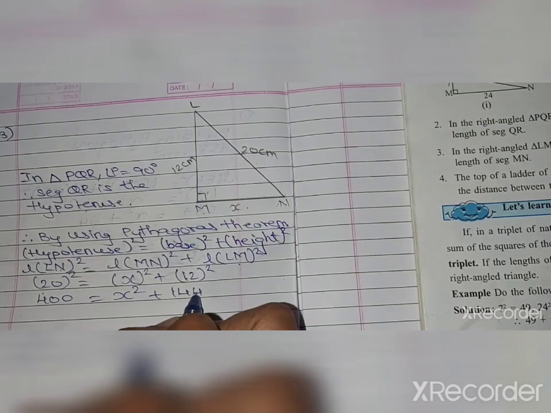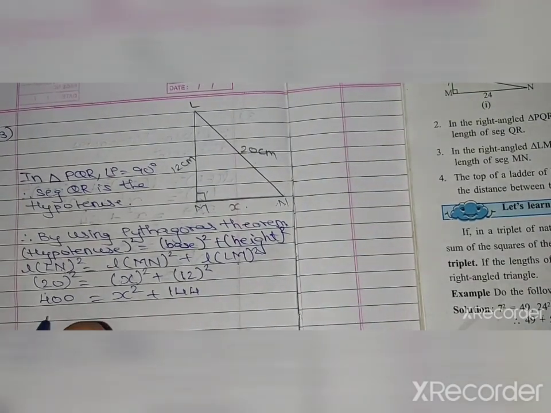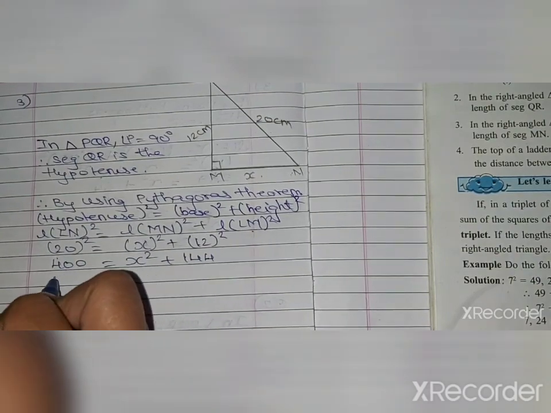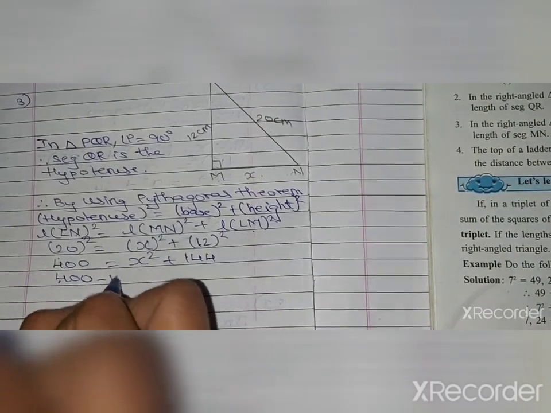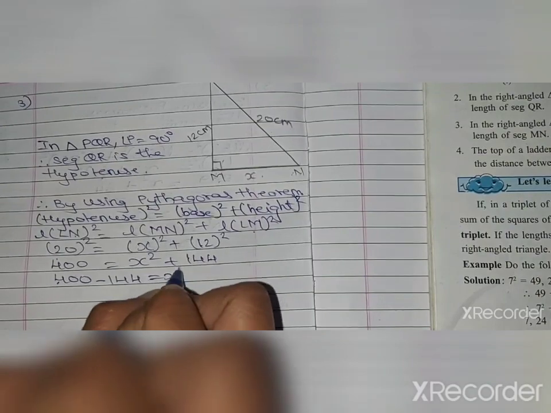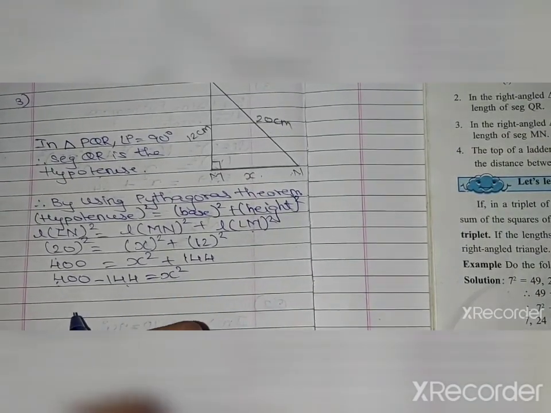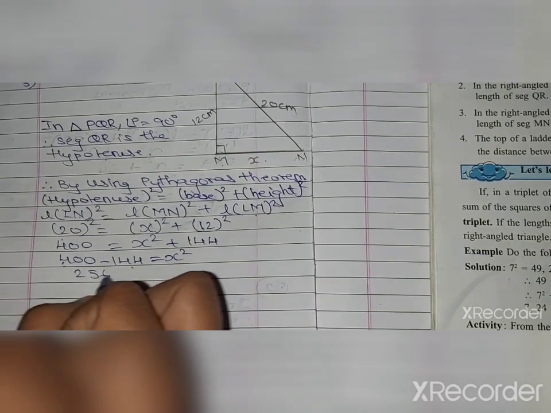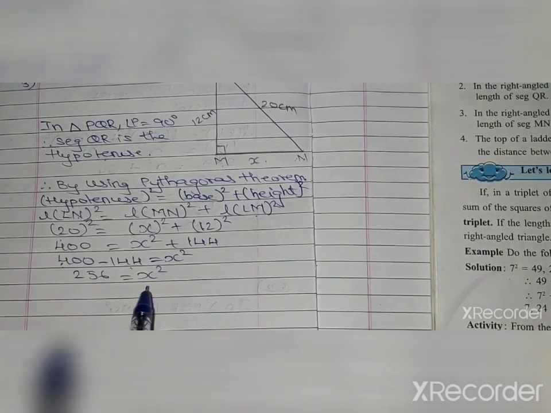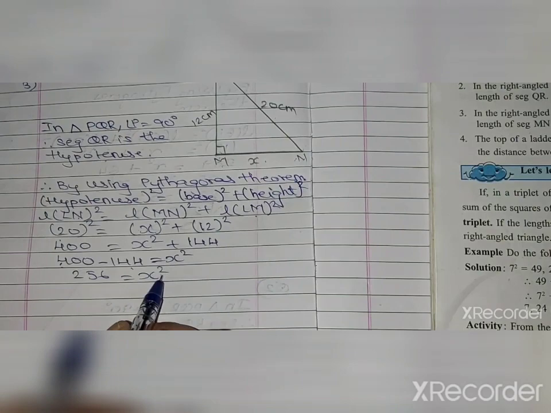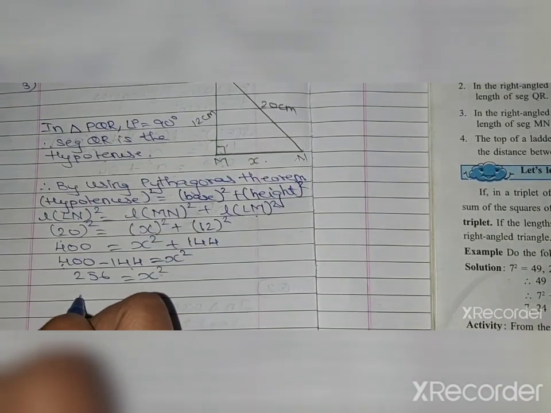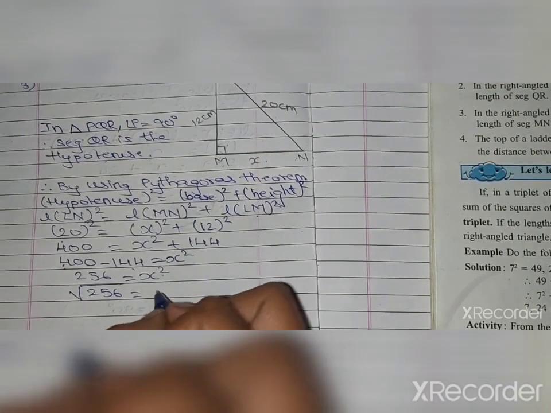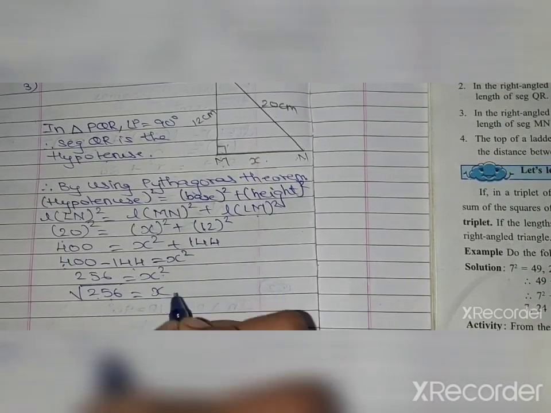Okay, now this 144 will come this side of equal to sign, it will become minus. So 400 minus 144 equal to x square. 400 minus 144 will give you how much? 256. 256 equal to x square. Now we have to remove this square sign. So when it comes this side, it will become square root of 256.